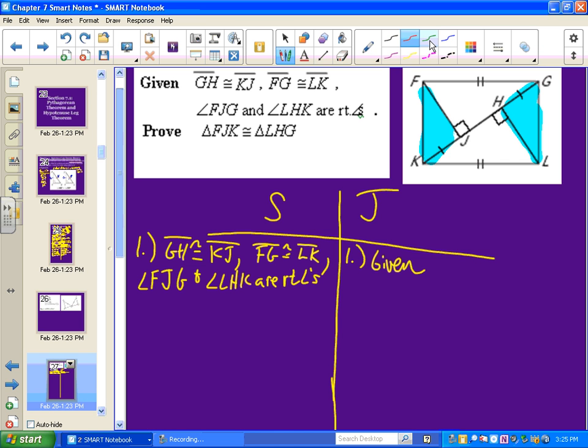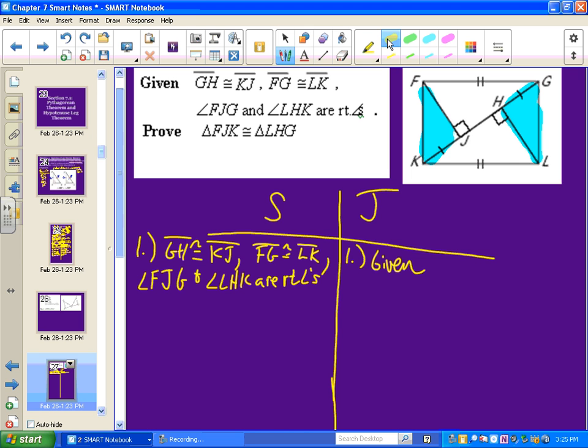So if we look at what we have here, we need to get these two triangles to be congruent. If I look at the other two triangles in this proof, now there are a lot of different ways you can do this, but two triangles jump out to me immediately. I think we can get these two triangles congruent because of hypotenuse leg potentially, because the right angles are staring right there at us.